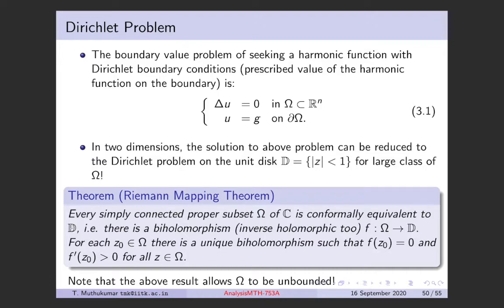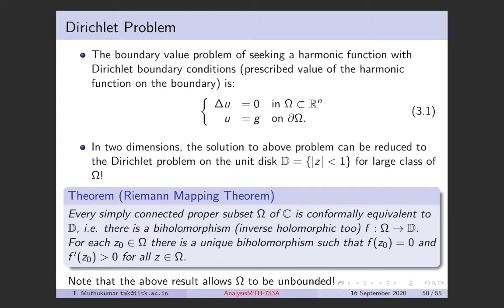And we have already talked about conformal maps, right? Holomorphic functions, even fractional linear transformations, these are all conformal maps. So here, when they say conformally equivalent, they mean there is a biholomorphism between the given set omega, which is simply connected, and the unit disk. As such, there is no uniqueness of this biholomorphism.